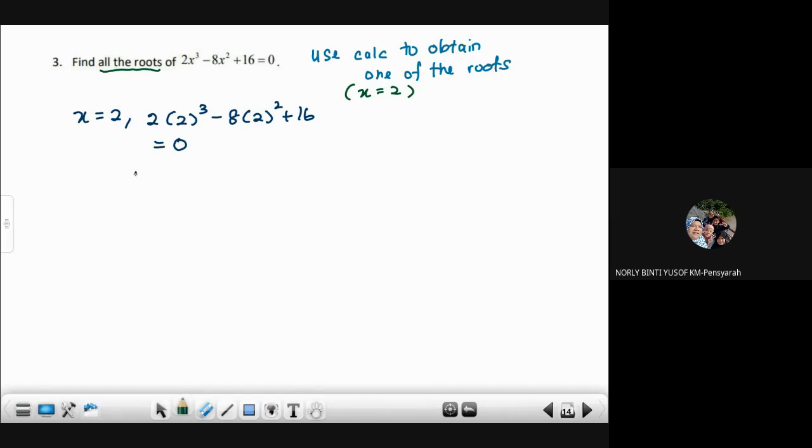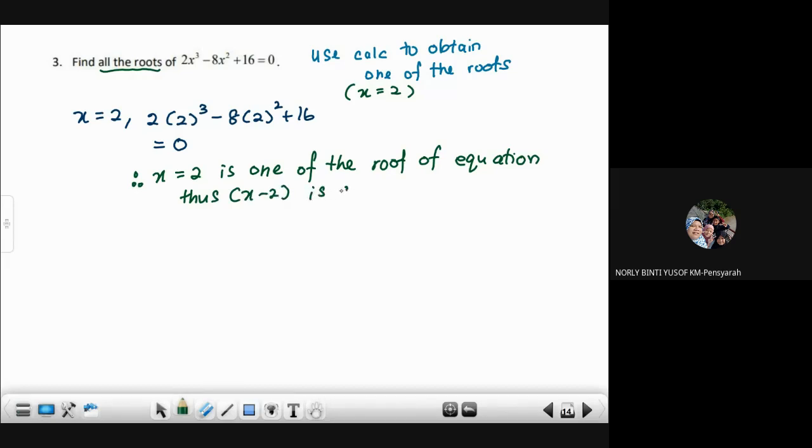You tulis dulu X equals to 2 is one of the root of equation. Okay, thus X minus 2 is a factor. Bila dia adalah root, dia adalah factor lah untuk P(x). Kita tulis P(x) equals to 2x power of 3 minus 8x squared plus 16.